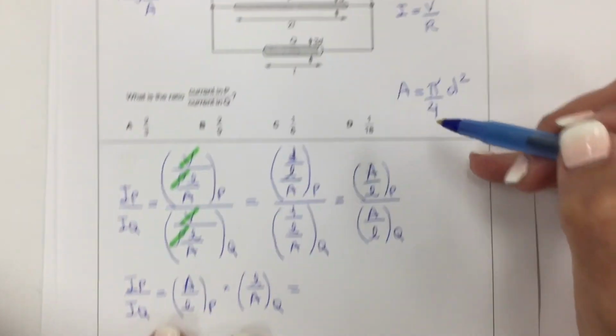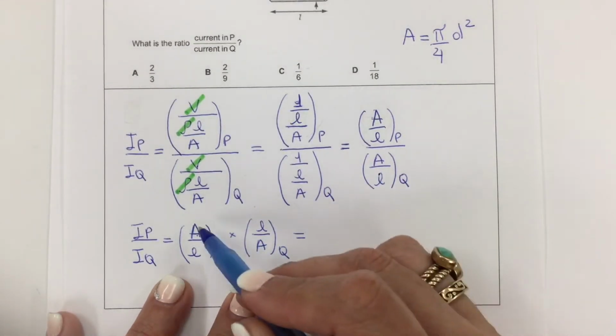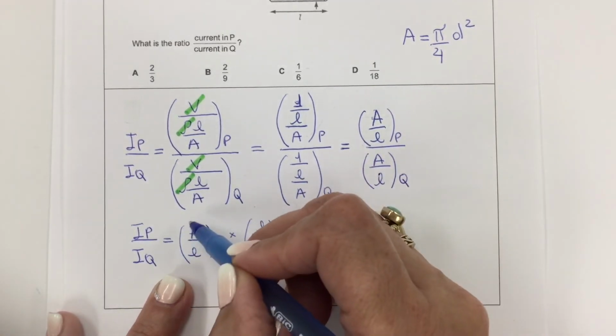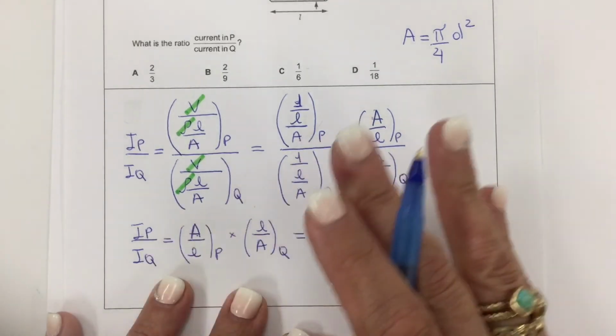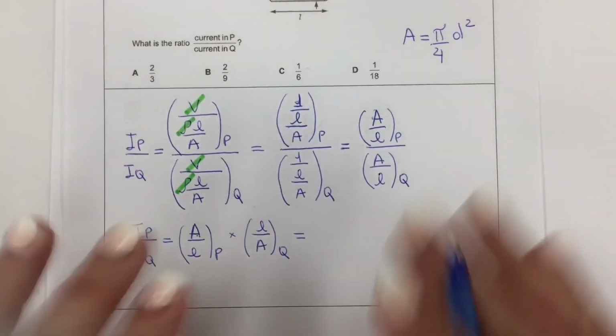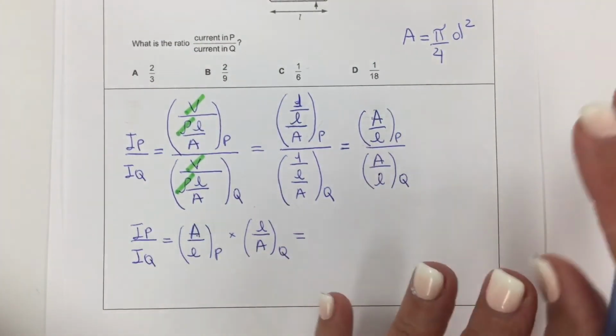Pi over 4 is constant for both, so I'm not going to include it in this area here because I know that it is going to cancel. So for the simplicity of this solution, I'm going to keep this pi over 4 out.